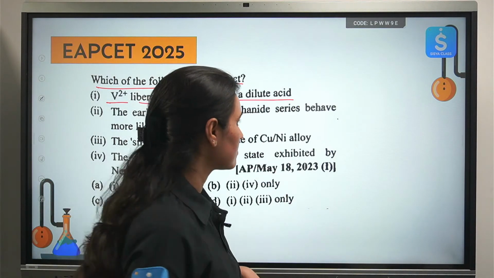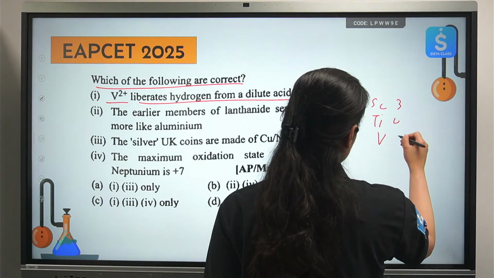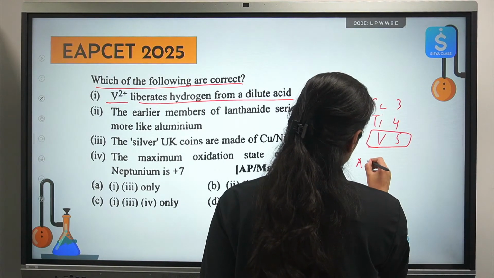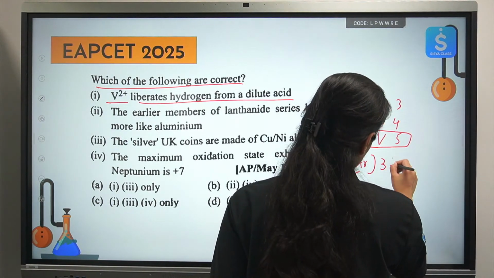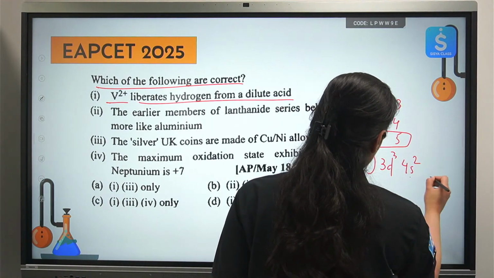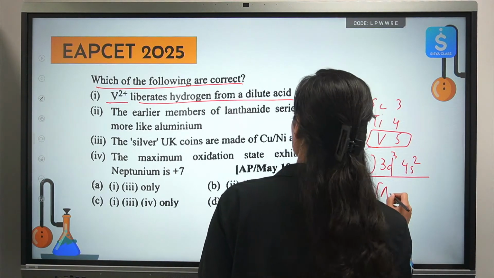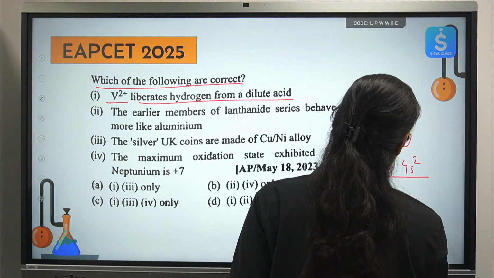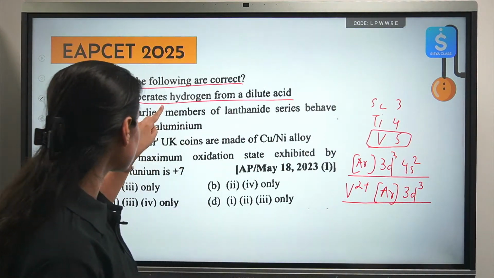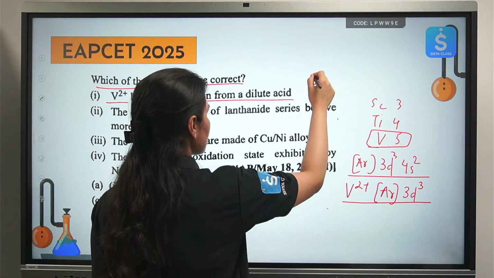So, if they talk about vanadium 2+, this is vanadium 2+. Yes, it does liberate hydrogen from a dilute acid. This is your true statement.